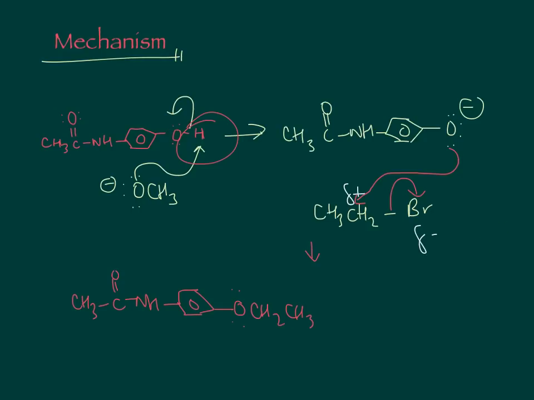The nucleophile attacked the carbon, kicked out the bromine, and now we have an oxygen bonded to a carbon. So we have this group that came from here, and then we have the CH2CH3 that came from here, kicked out the bromine, and we get some HBr. And that's your phenacetin synthesis via the Williamson ether mechanism.